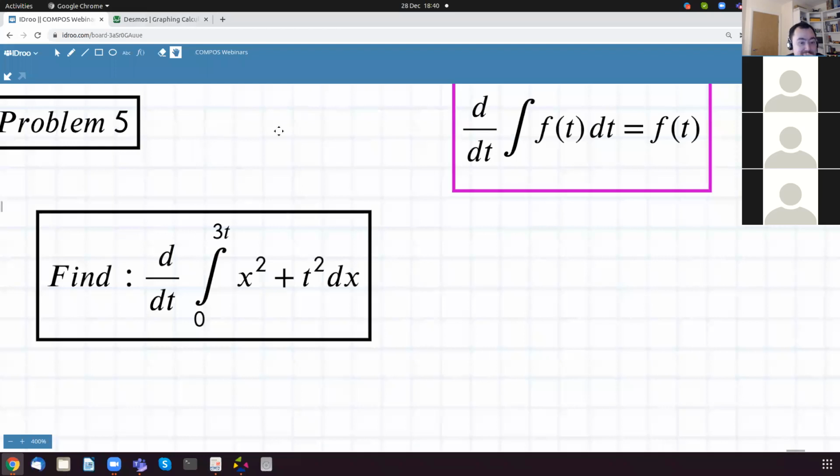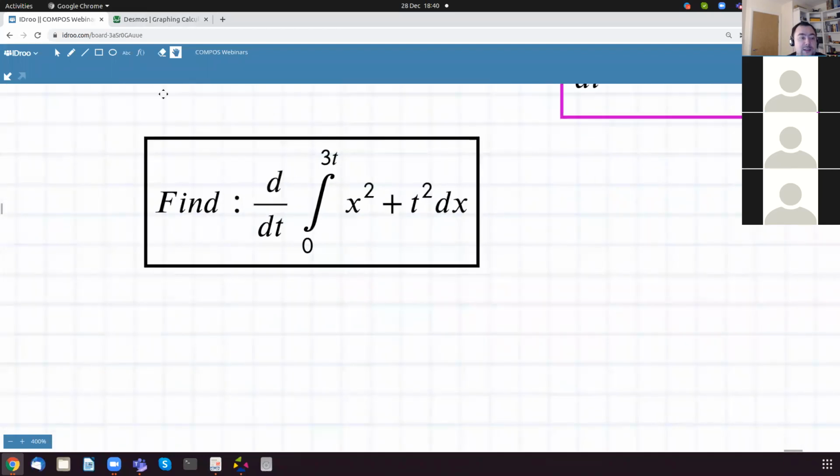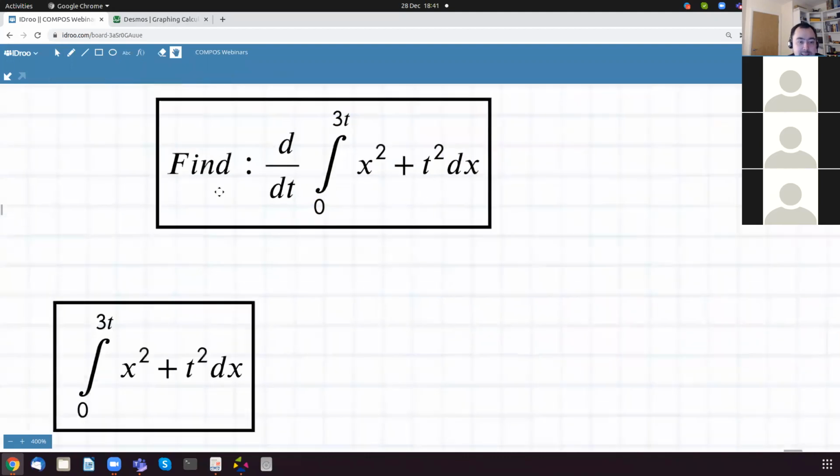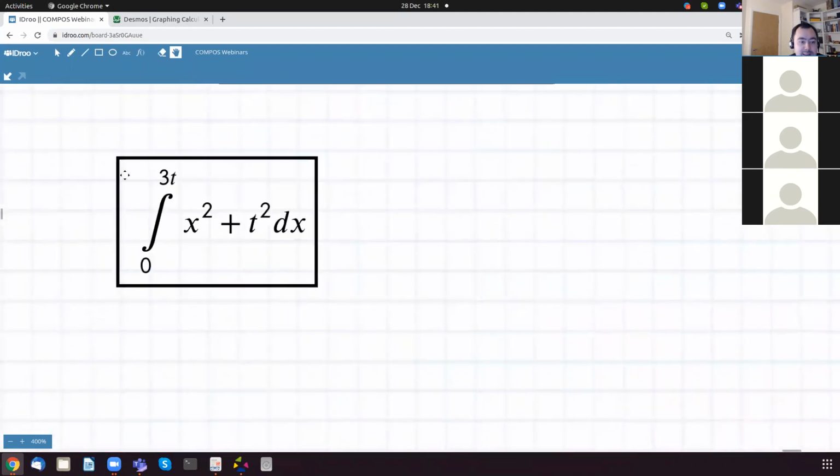So what we do is we copy the integral separately and see what's actually going on here. Well, the integral is in terms of dx, so the variable is x.